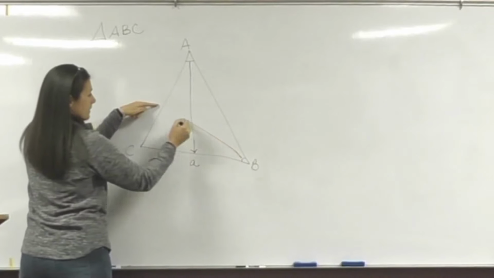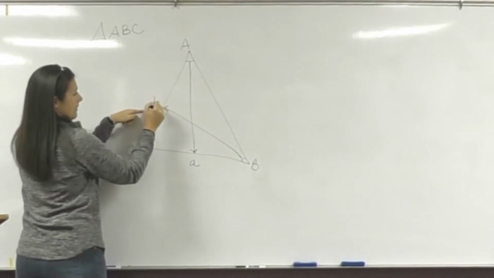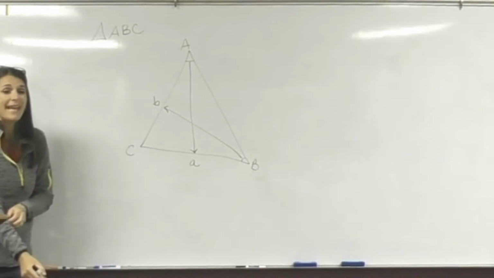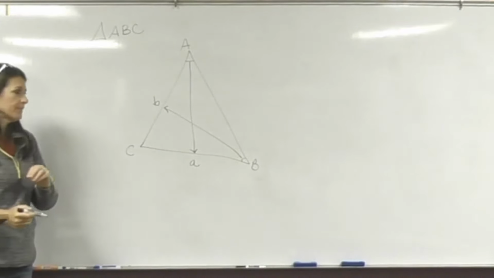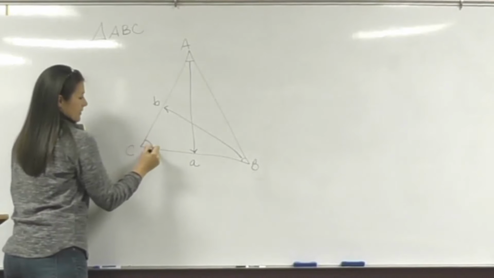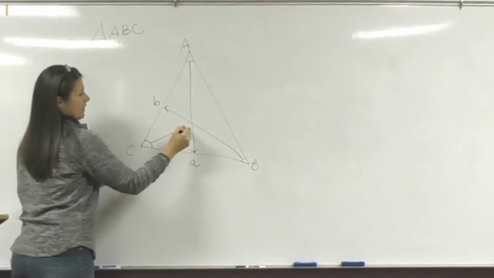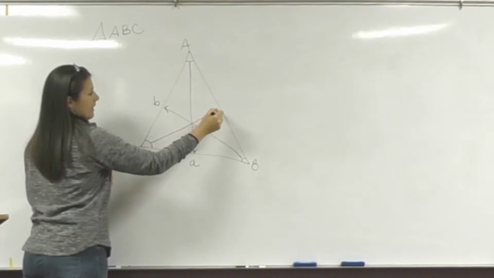So I go opposite of angle B, this side I'm going to name with a lowercase b. This is angle C. I go to his opposite side, which is AB, and I name that side a lowercase c. Any questions about that?